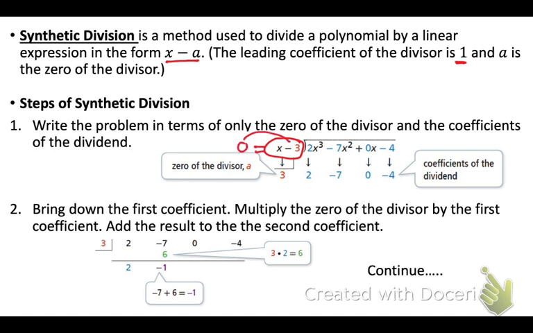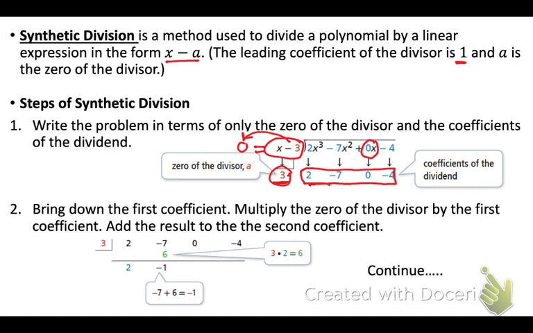Well, wouldn't we add 3 over? Yes. And we get what? x equals 3. So we're going to use the 3. You write the dividend in terms of only the what? Coefficients. You see there is still a placeholder. And what's that placeholder? 0.